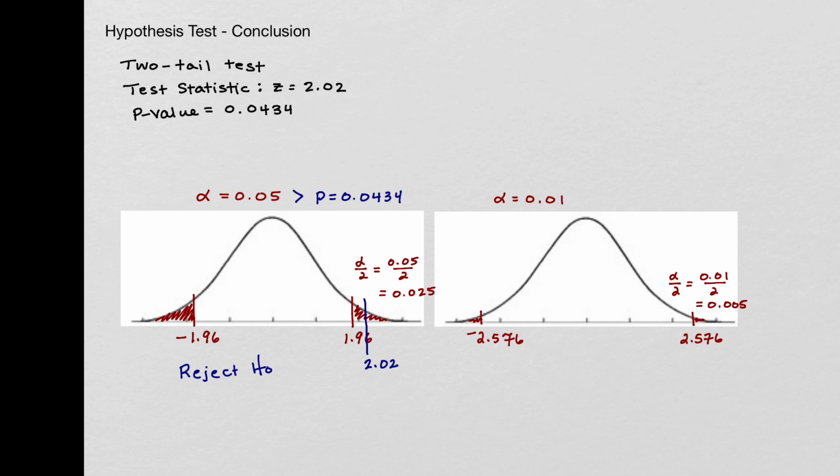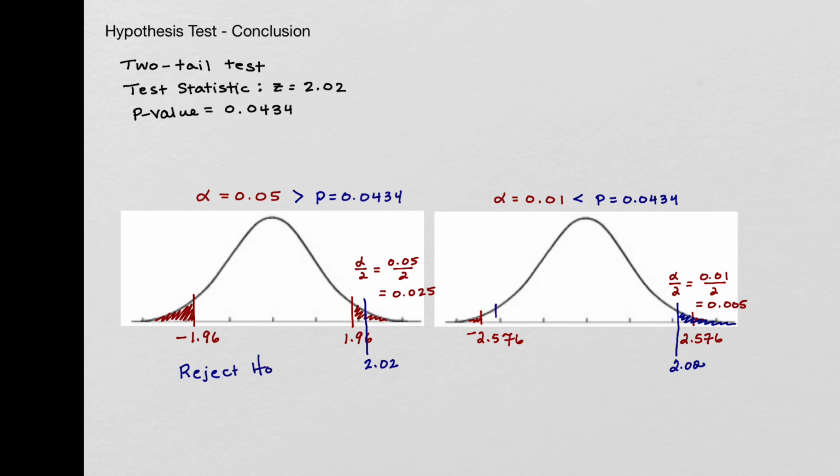And now when I compare my test statistic of 2.02, that is not in the critical region. And if I compare my p-value to my significance level, I can see the p-value is larger. So the p-value is the area past the test statistic going into the tail. We can see that that's covering there.